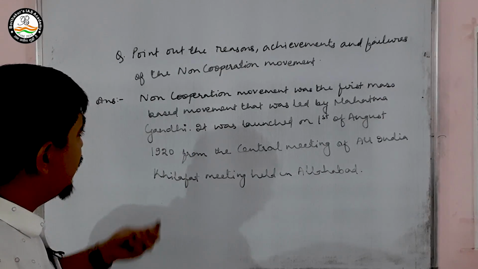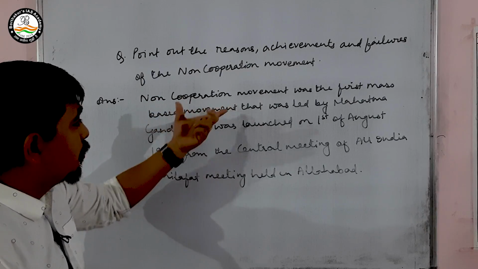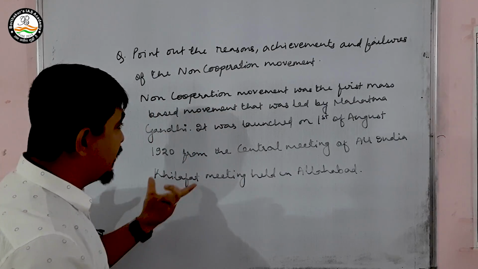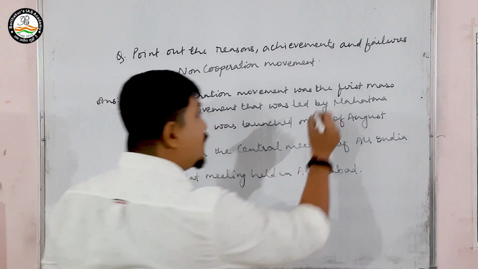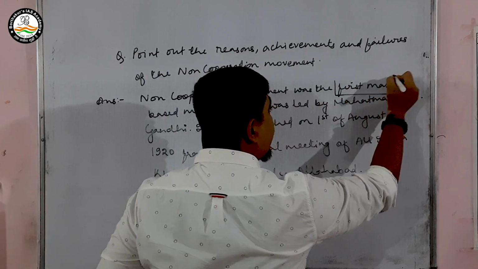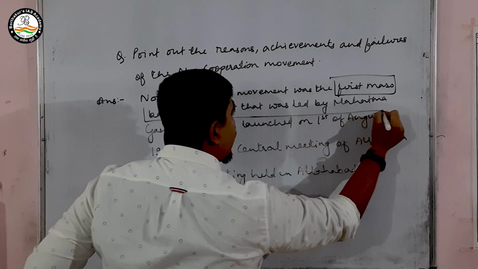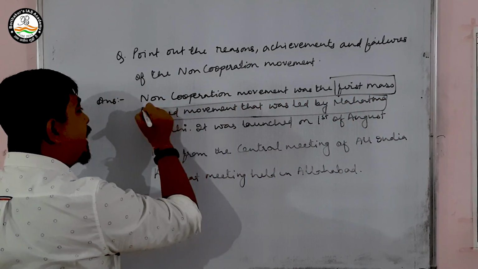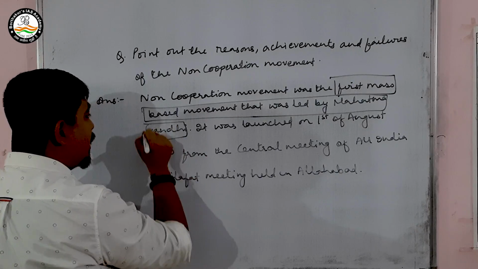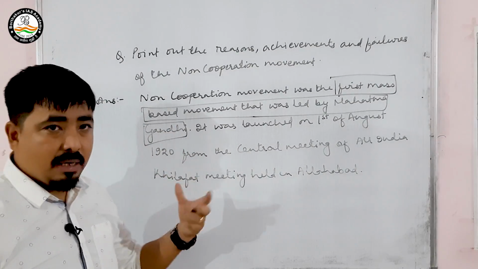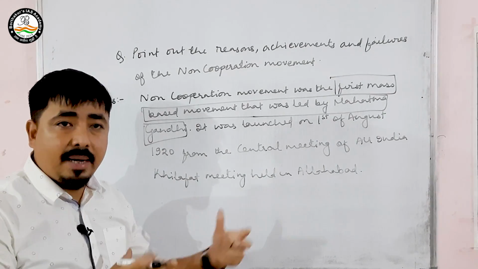Here I have said that the non-cooperation movement was the first mass-based movement that was led by Mahatma Gandhi. You need to underline the important points. It was the first mass-based all India movement led by Mahatma Gandhi.